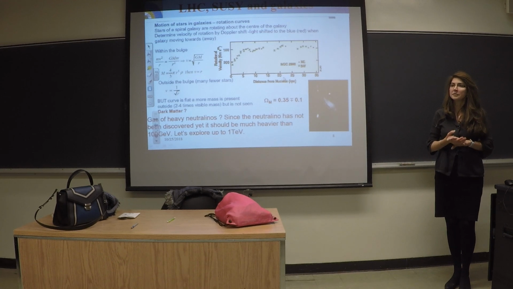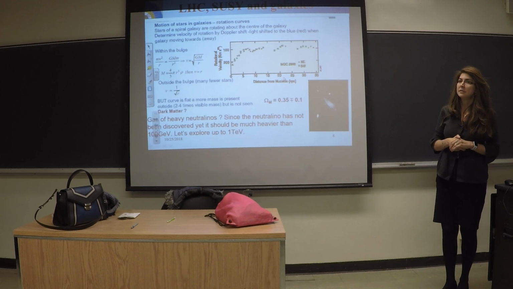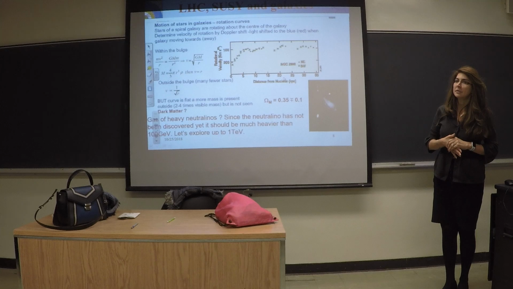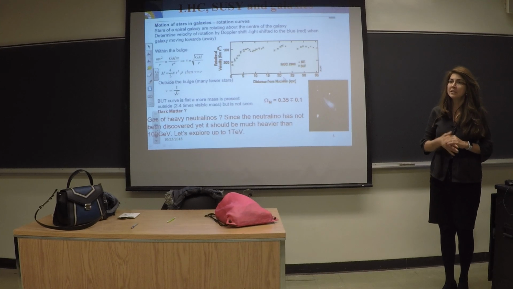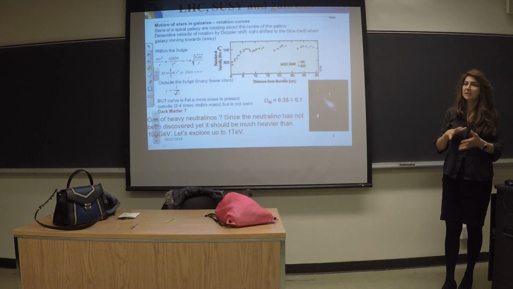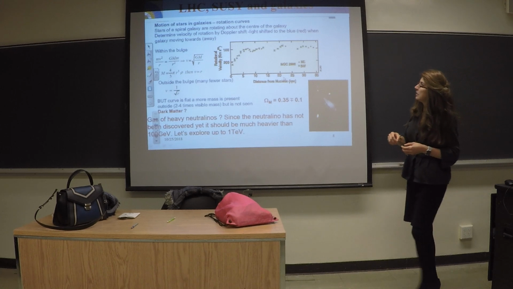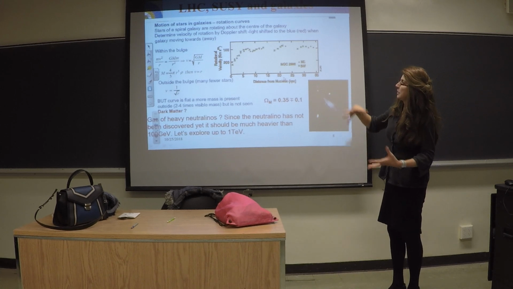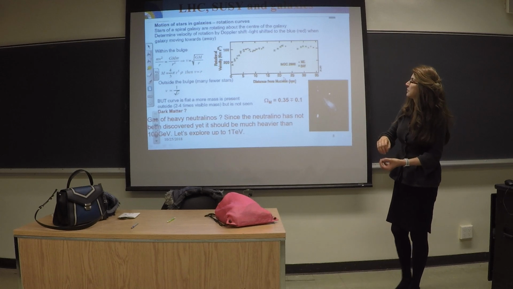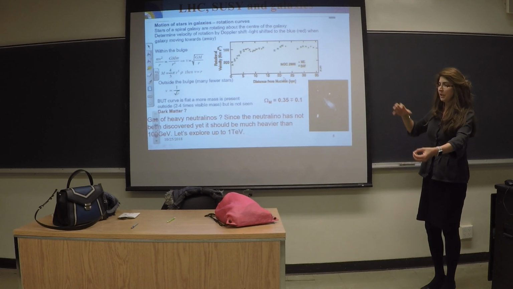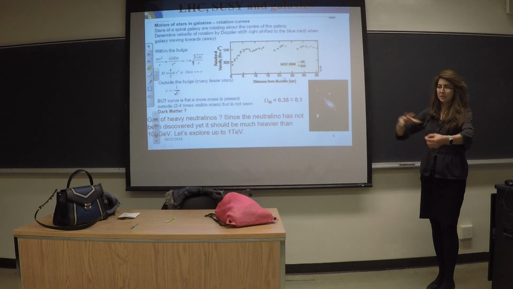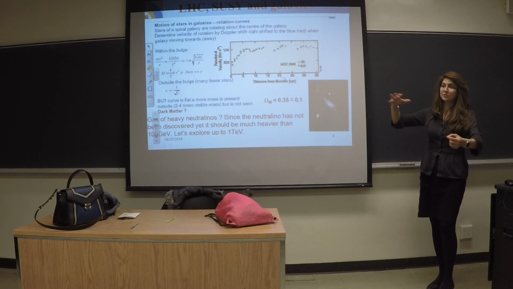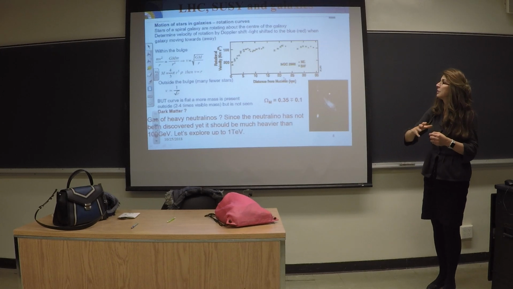Yeah? That is the velocity of the galaxy? Yes, in terms of the velocity, versus the distance from the center. So you look from the center of the cluster of galaxies, like the center of our galaxy, and you look away and you see lots of galaxies going around.